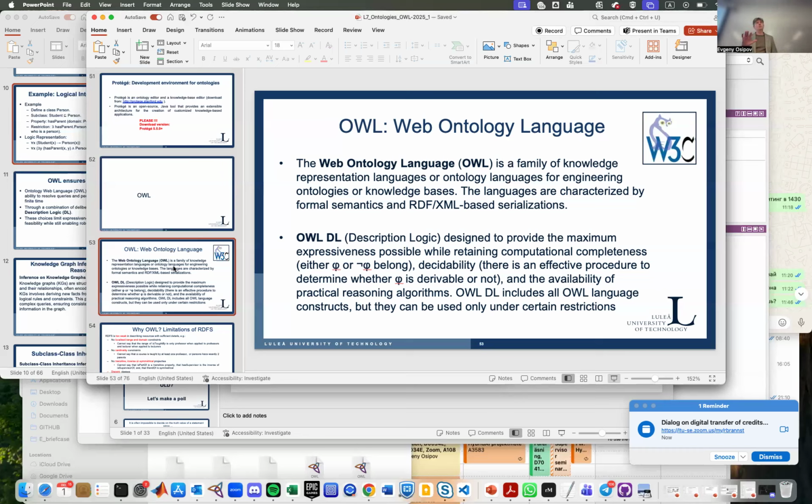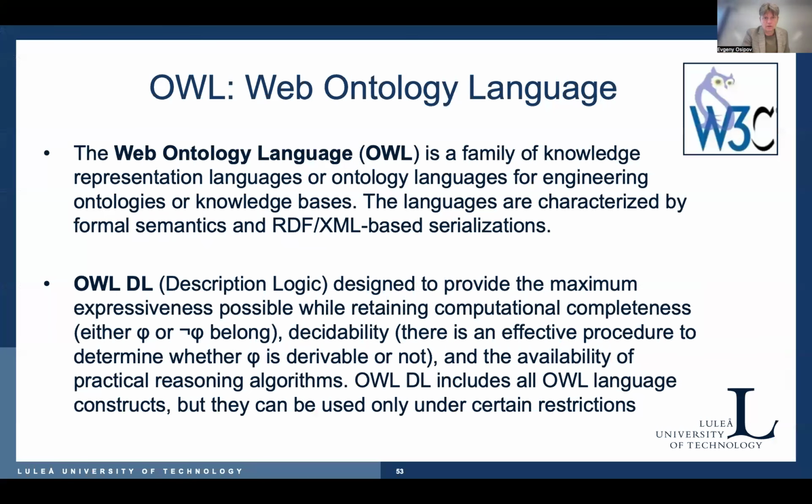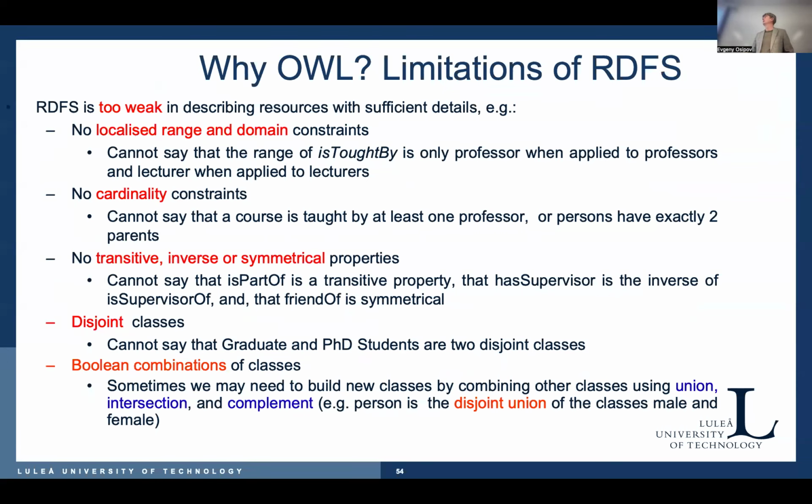At this point, I want to say that everything we learned so far is interconnected, from the simplest classical logics to first order logic, to reasoning on a web scale, and OWL as a language to represent this logic. So here is the additional stuff in OWL, which goes beyond the capabilities of RDF Schema.